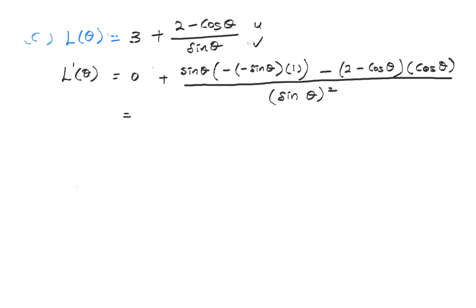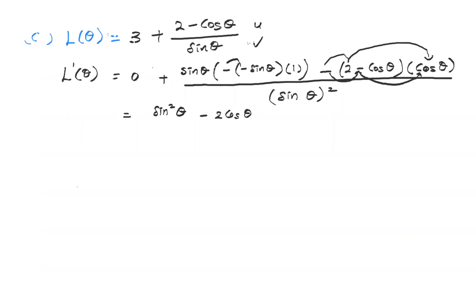Now you have to be very careful. Negative times negative, you get positive. So the front here is sin squared. Then this one, when you expand, take note, you go like that. The first one will be negative 2 cos theta. The second one will be here, multiply, and here.